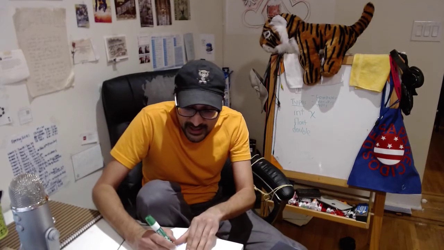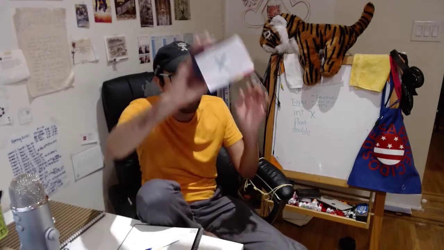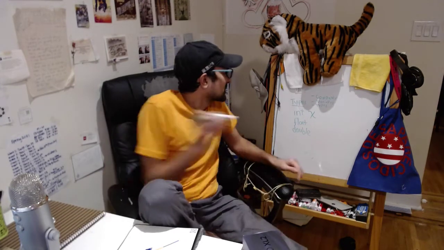So int x is me saying I want to name this box x. And now anytime I use x, the computer knows to go look inside this box and read the value inside it. Well, what value is inside x right now? Actually, we haven't specified it.